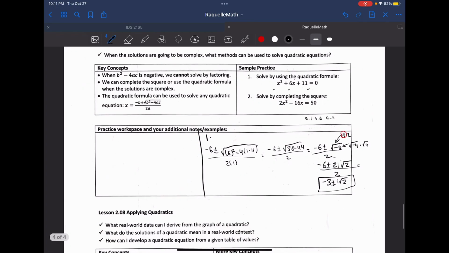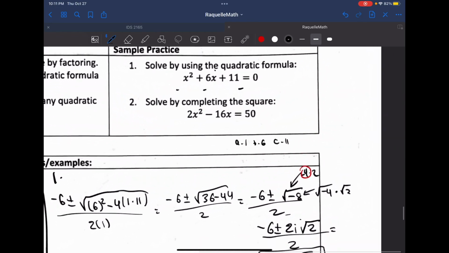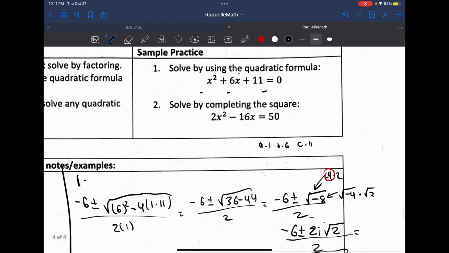Okay, thanks. Okay, to complete the square, the first step we're going to do is simplify a formula given. We're going to factor out 2, so we're left with x squared minus 16x equals 25, because we're factoring all of this.